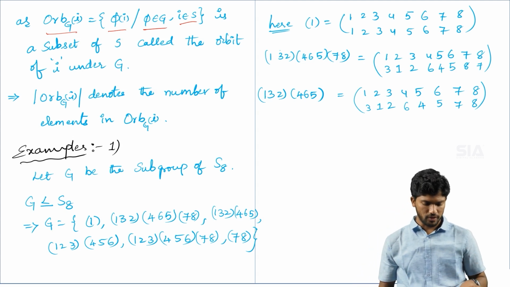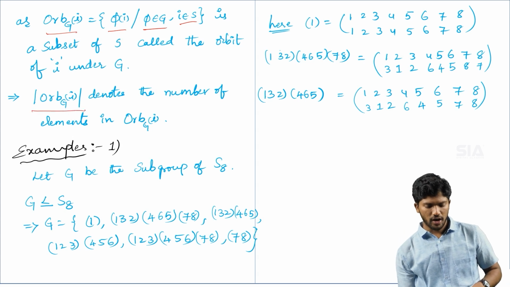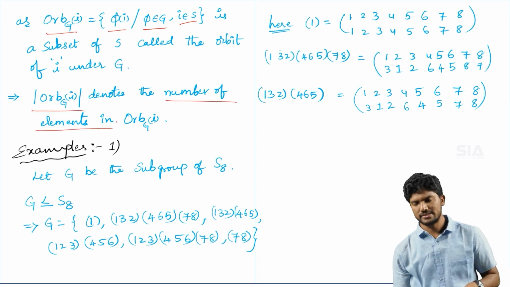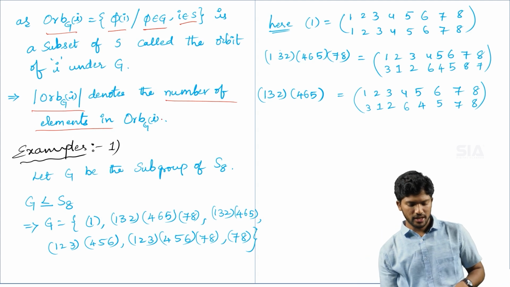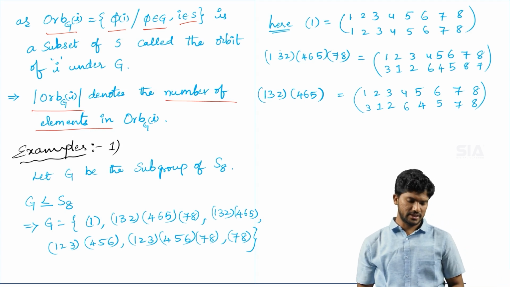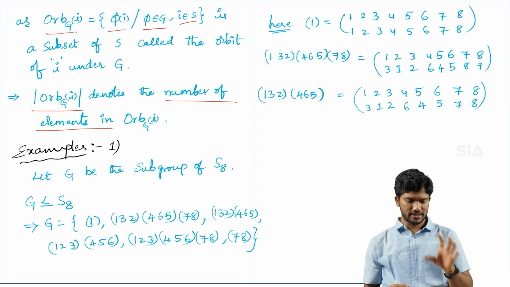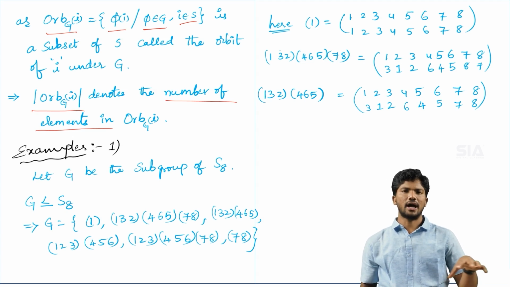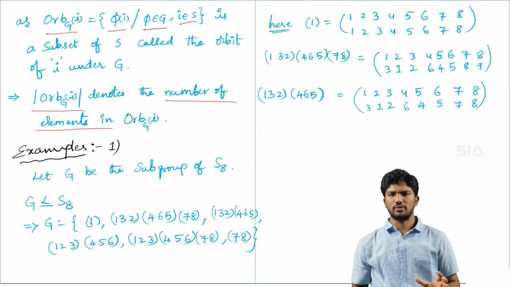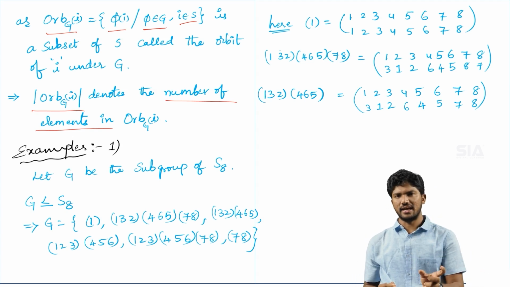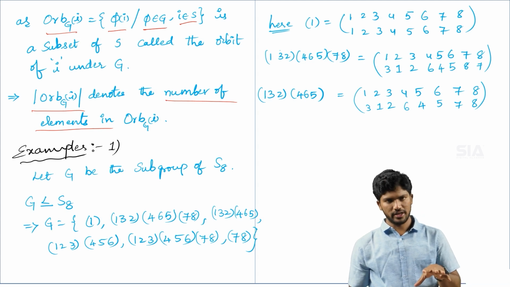Therefore, the mod of orbit of i under G denotes the number of elements in the orbit of i in G. So the orbit of a point is a subset of the set capital S. Just remember that pi of i equal to i is the stabilizer, and only pi of i is the orbit. So these are the two definitions.